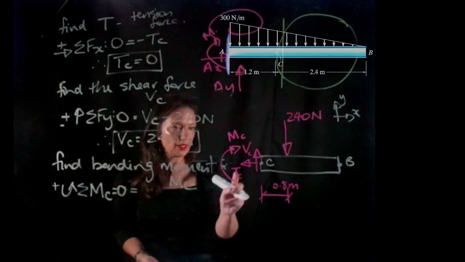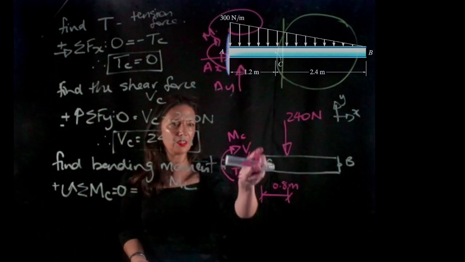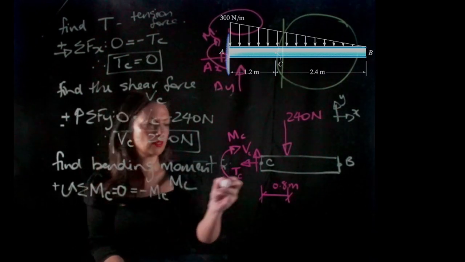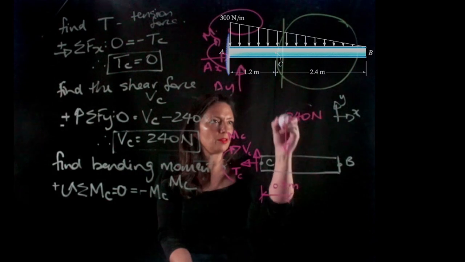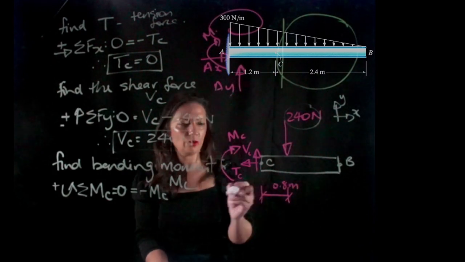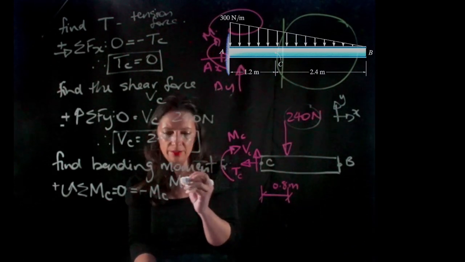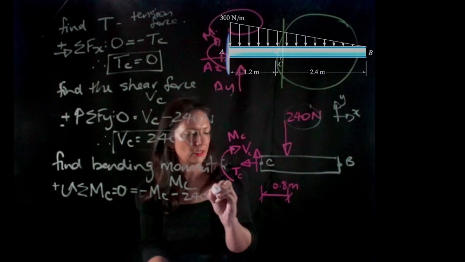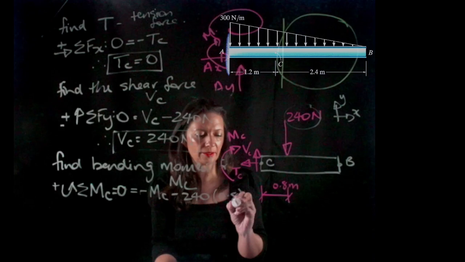So we're going to have, this is going in the negative direction, so we're going to have minus MC, and we have the moment from this force, so that's also going to go in the negative direction, and we'll have 240 times 0.8.